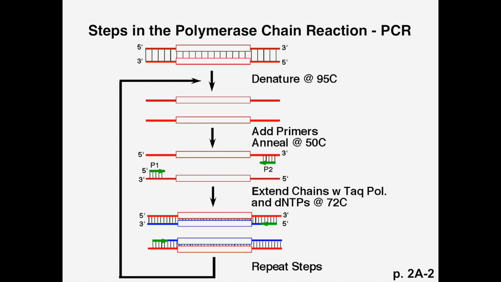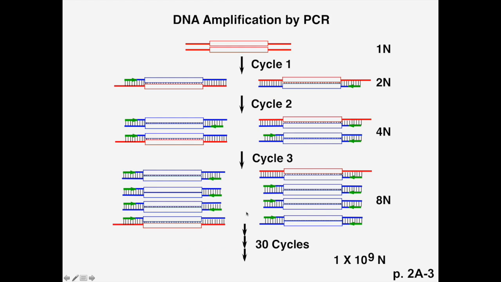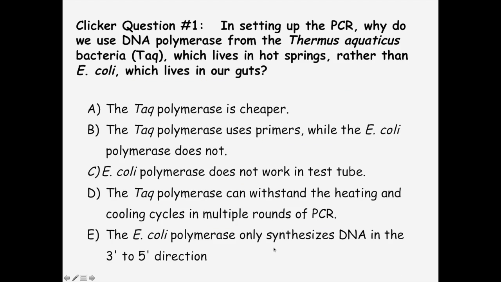Basically, we extend the chains. We then warm up the thermocycler, changing the temperature to 72 degrees, and the Taq polymerase will then take the nucleotides and add them to the template strands in the area where the primers are. So we repeat the steps, and in some cases we'll repeat it about 30 times, which will end up with over 1 million pieces of DNA.